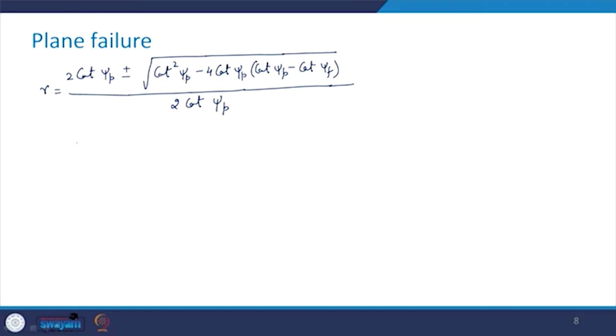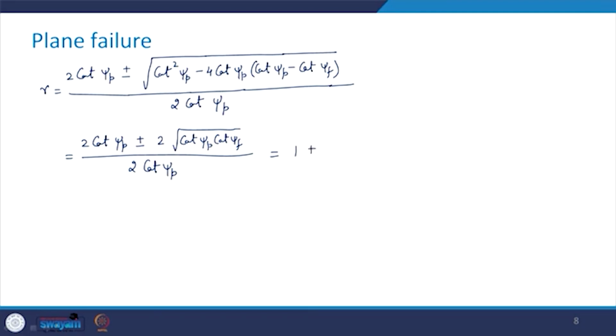Now, if we try to simplify this, what we will get is 2 cot ψp plus minus 2 square root of cot ψp and cot ψf, divided by 2 cot ψp, or this can be written as 1 plus minus square root of tan ψp cot ψf.